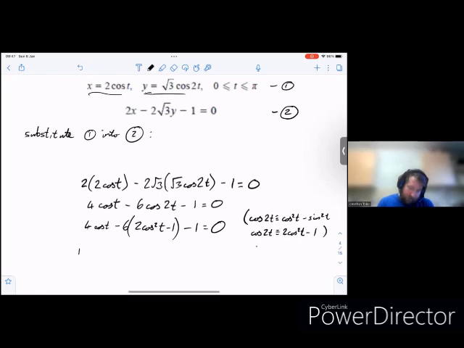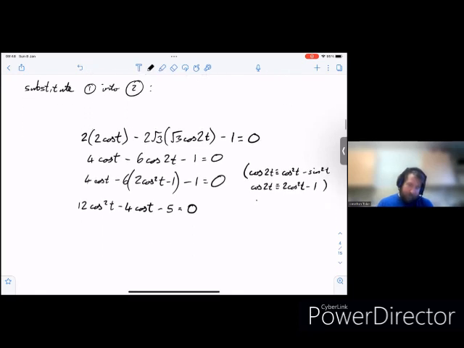We will get 12 cos squared t minus 4 cos t, and we get 6 minus 1 is 5, but move it over, it'll be minus 5. So this is the quadratic that we're solving.